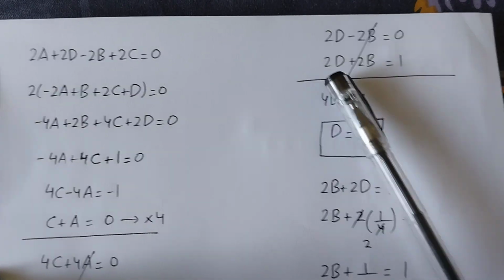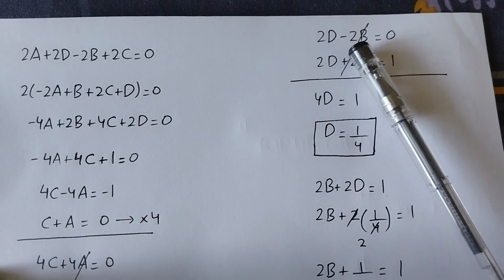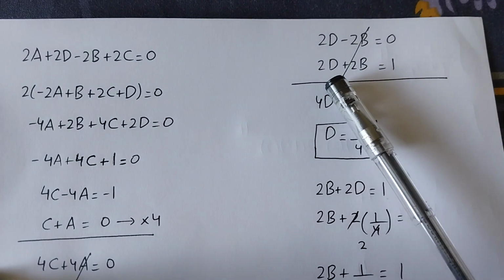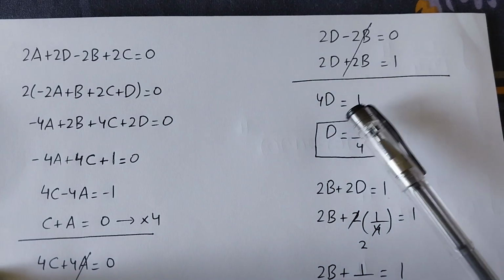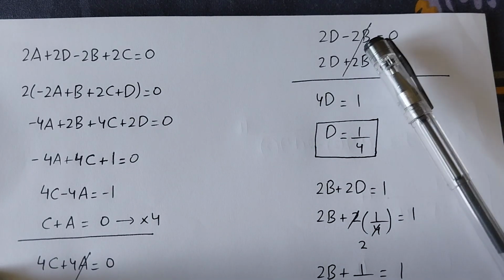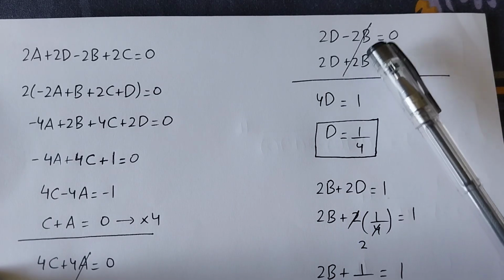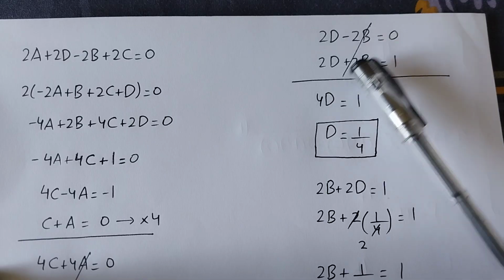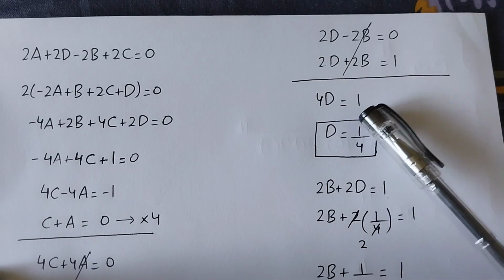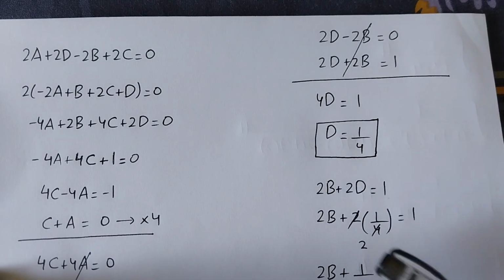Here I have written these two equations. One equation is 2d minus 2b equal to 0, and the second equation is 2d plus 2b equal to 1. We can just add these two equations. The terms involving b are cancelled, so we get 4d equal to 1, and d is equal to 1 by 4 from here.